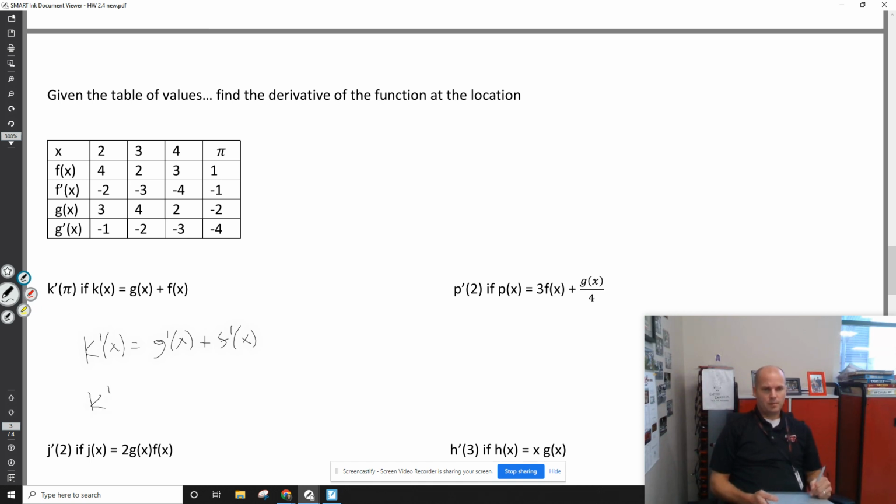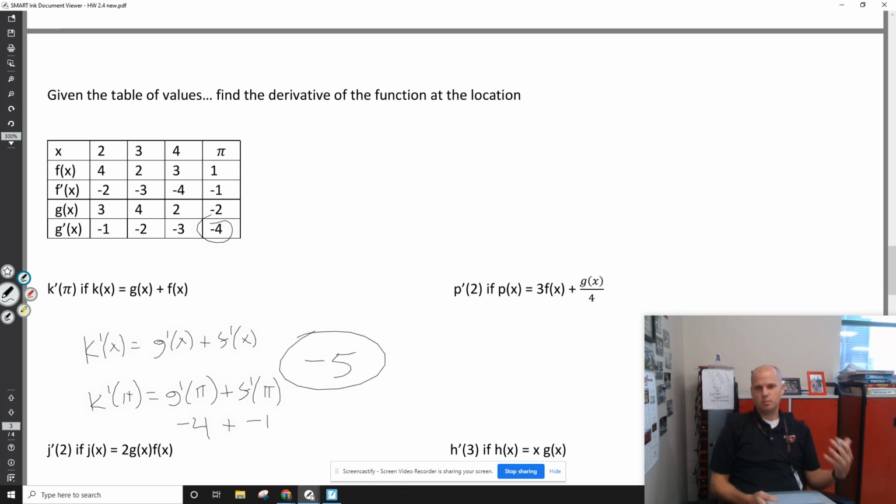So if you want k prime of pi, I'm just plugging in pi into g prime and f prime. G prime of pi, I use my table to get my values: -4. F prime of pi is -1. I get -5. That's what I'm looking for, some numerical answer coming from this notation and this table of information.